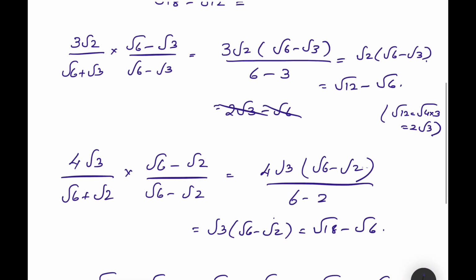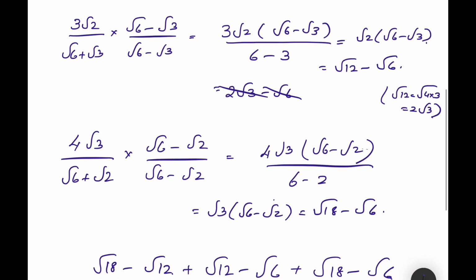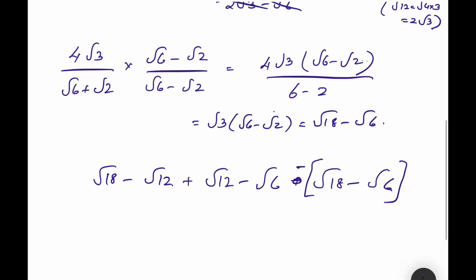Oh, it's minus. So you cannot add, it is minus of. So root 18 and root 12 will cancel. Then root 18 and root 18 also will get cancelled.